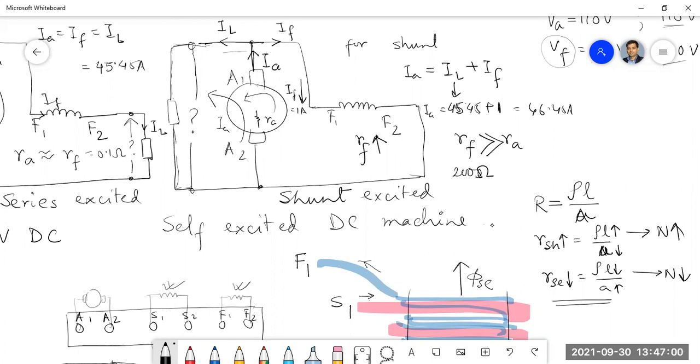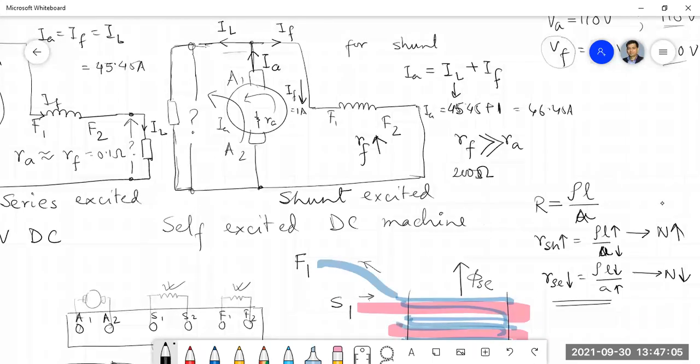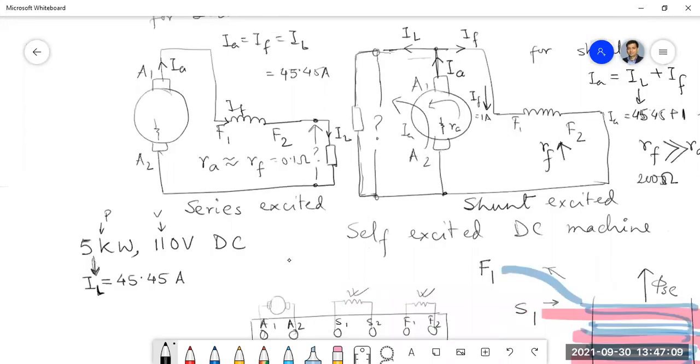Got my point? Now you just tell me, suppose I have a series machine, and if I mistakenly connect the series field winding in shunt, then what will happen? Extremely high power loss will be generated?